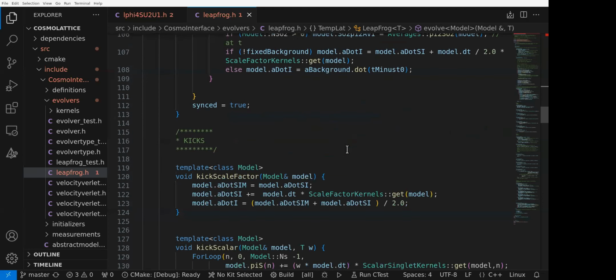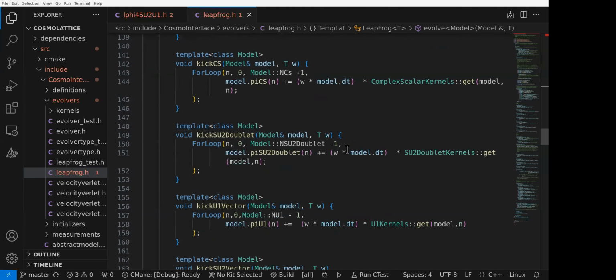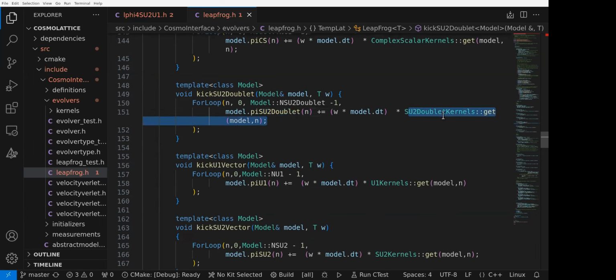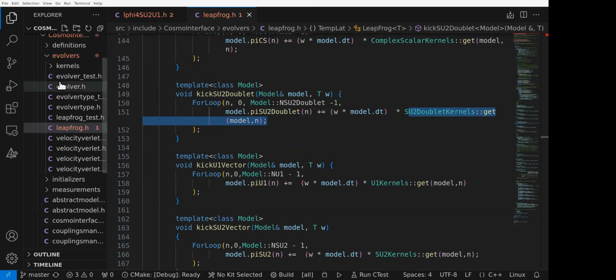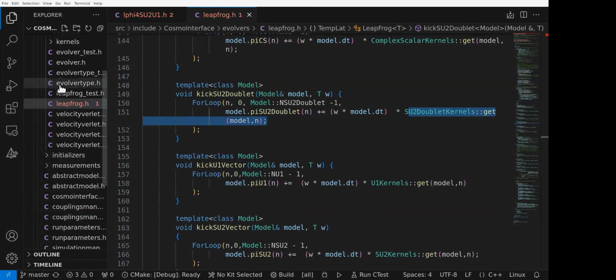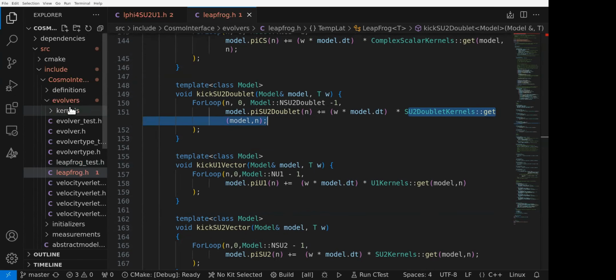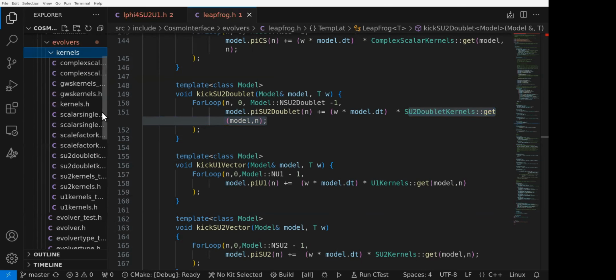The relevant functions are these kicks, and kick SU2 doublet is very simple, implemented like all the other fields. You just add to the momentum the kernel that is written in this SU2 kernel function. I think it's also nice to have a look at the kernel because it gives you some idea, again, of this nice syntax that we have in CosmoLattice.